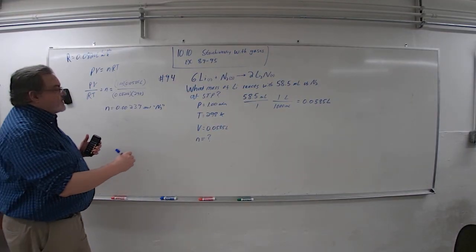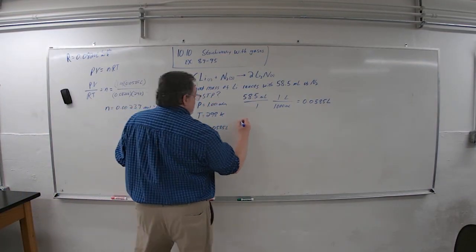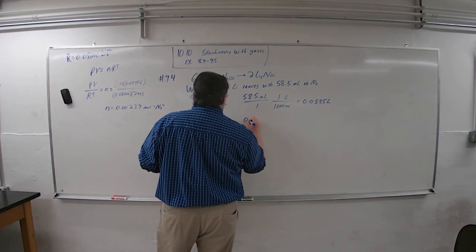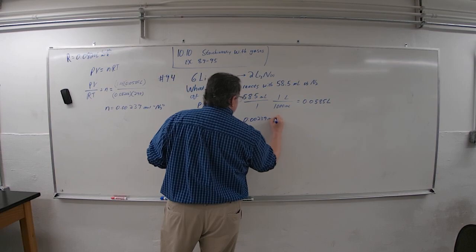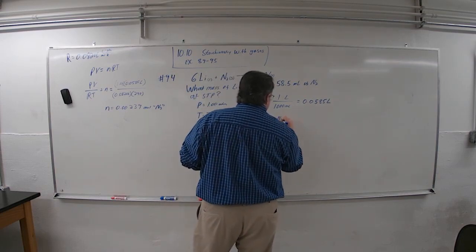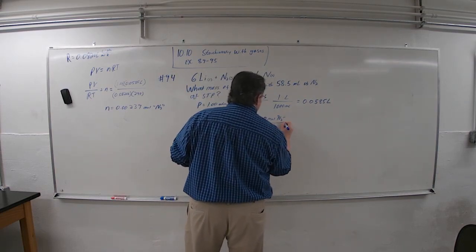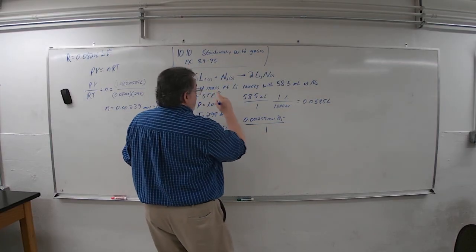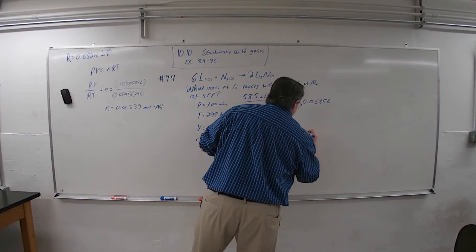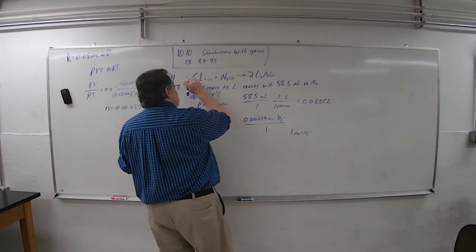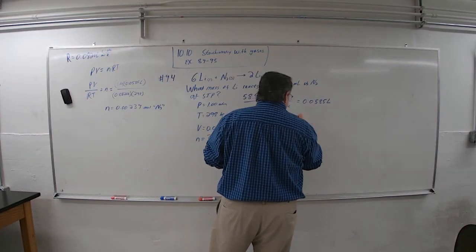Okay, so now we have the moles of this. 0.0029 moles. 1 mole of O2 to 6 moles of lithium.